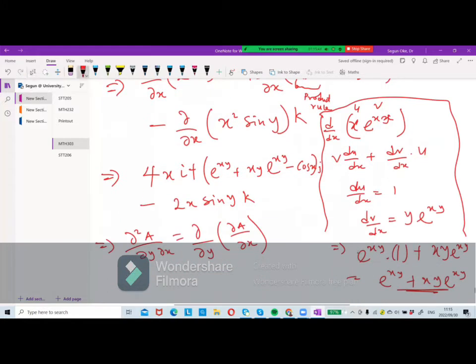You will have the same answer. The order is immaterial, they are the same. But try and do it to see whether they are the same or not. Any question on that?